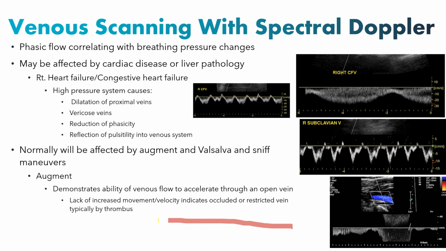So if this is my vein, this is my transducer, and let's say this is where I'm going to augment, if that augment is not pushing the blood flow forward to create this pattern that I see here, it probably means that there is something obstructing it. So I would not detect that augment. When we see a depressed or an unidentifiable augment, it would indicate that there is some sort of occlusion or obstruction between the site of augment and the site of scan.